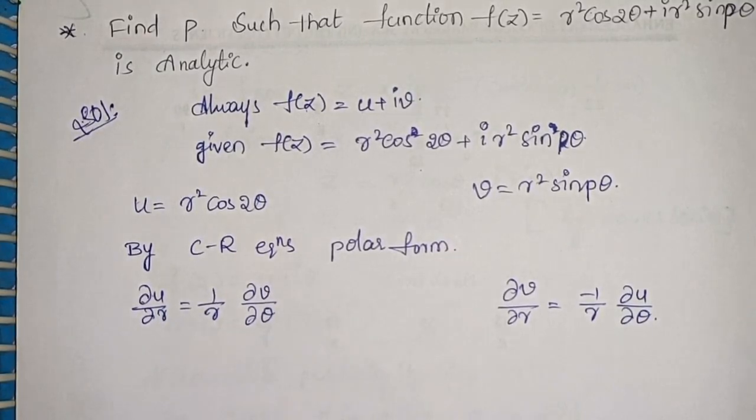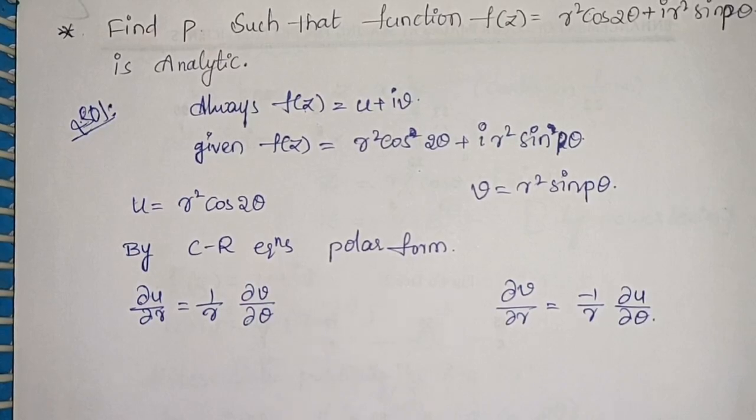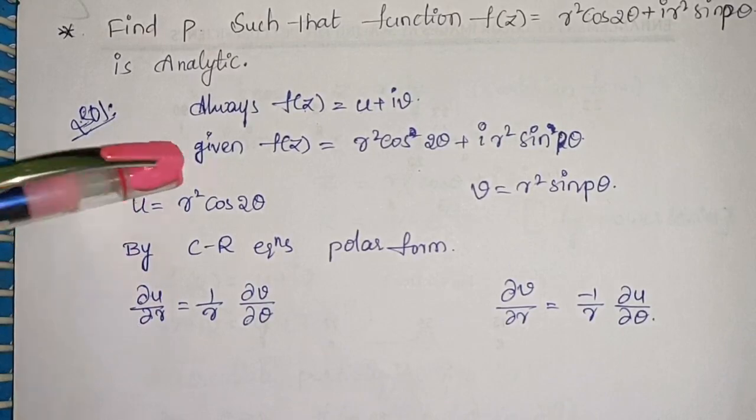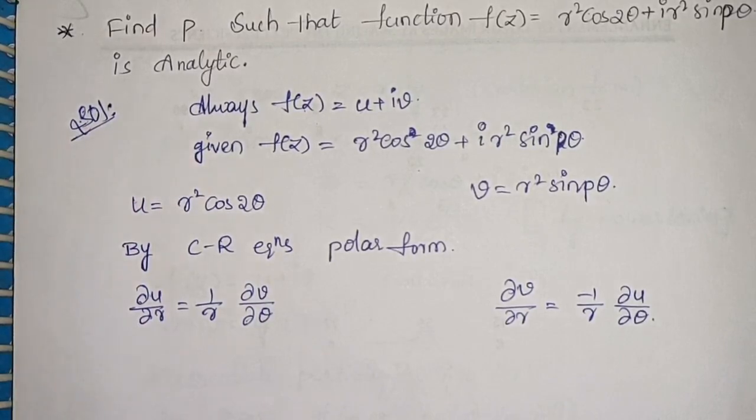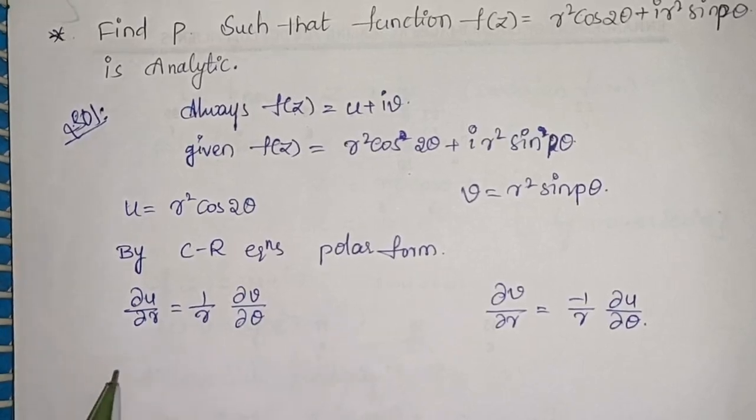Here the function is already given as analytic, so we can write the equations directly. There is no need of proving any CR equations. We'll go directly to finding the p value.